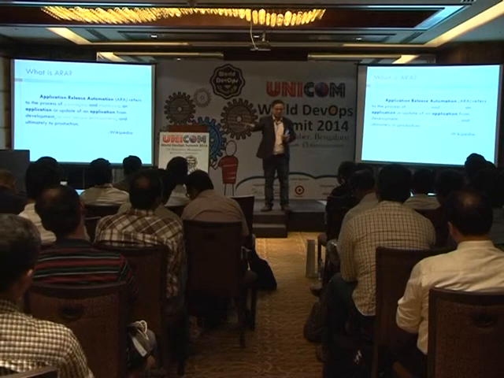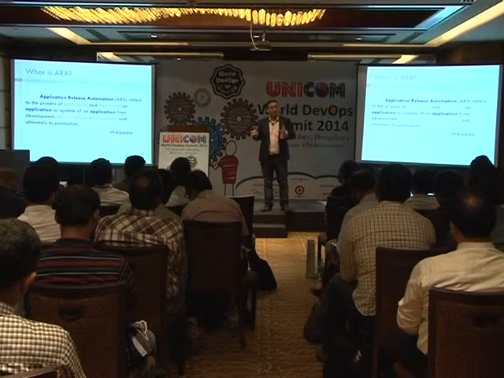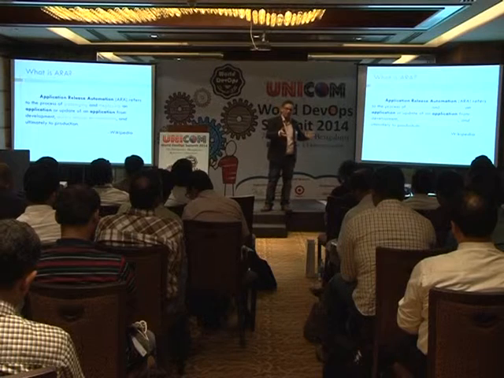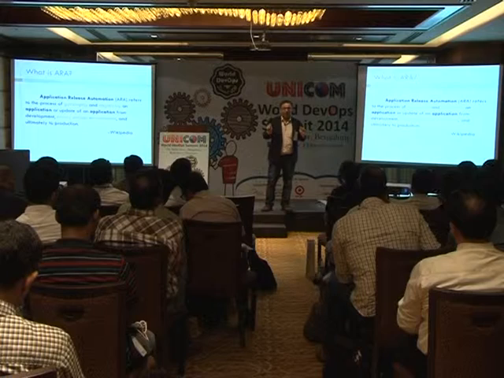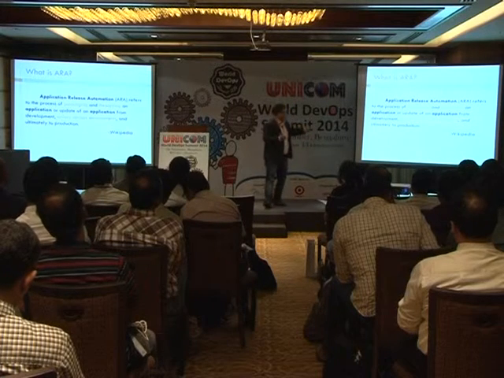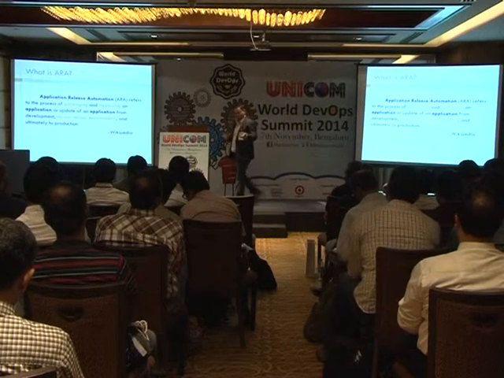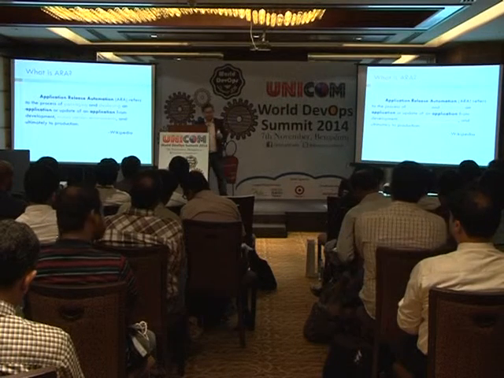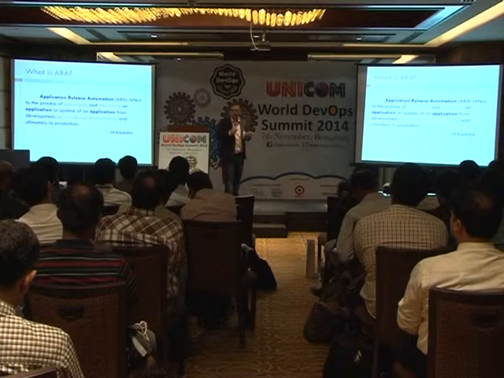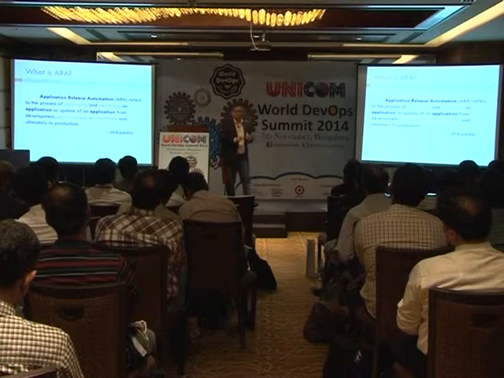Each organization, or even within an organization, different applications may have their own release processes that they follow. But on a high level, application release automation simply says to automate that entire process and reduce the manual activities as much as possible.